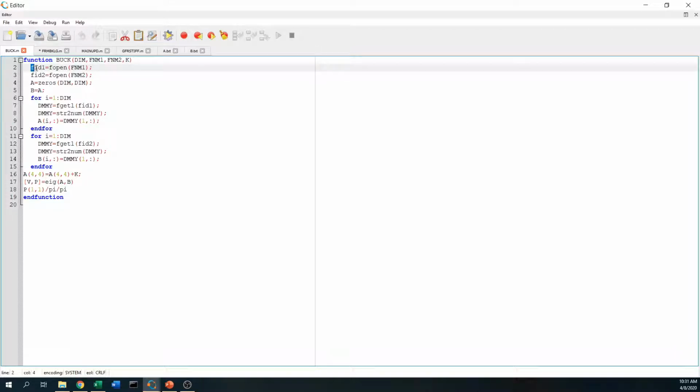The FID1 comes from the fopen, given when we execute this command, and then FID2. I initialize the matrix A0 with dimension 8 by 8, so we drop in the number 8 for this problem. If the problem gets bigger, we will have a new dimension, and the size of B is identical to A.